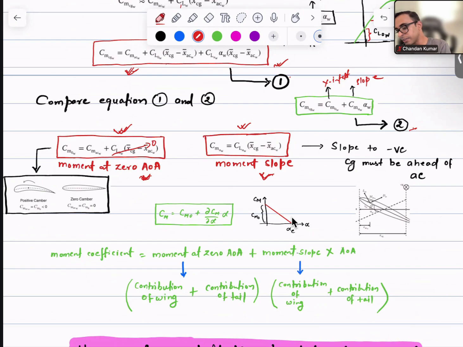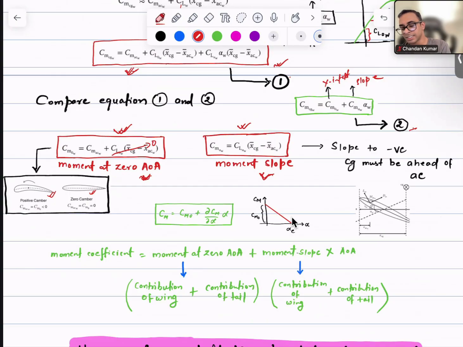When we have positive camber, the moment about aerodynamic center is negative, and if we have a zero camber airfoil, the moment about aerodynamic center is zero. So in either of these two scenarios, the moment at zero angle of attack is going to be either negative or zero itself. And that is what we don't want.